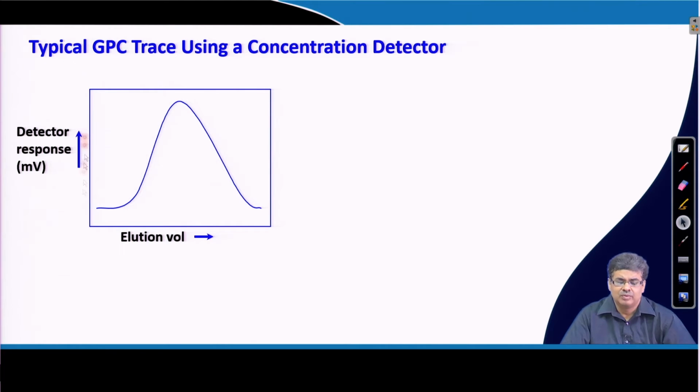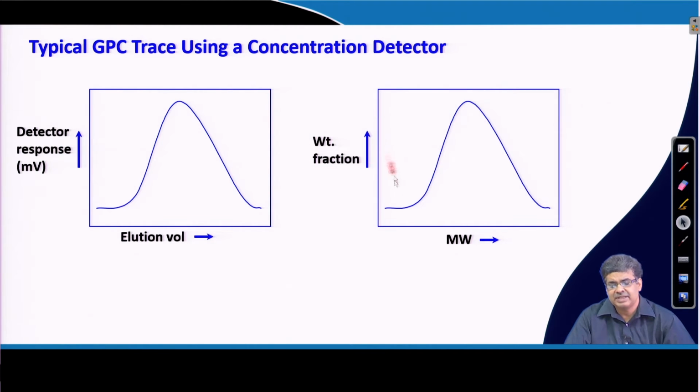Now, we have this typical GPC trace. If you remember, to find out the molecular weight of any sample, we must express this distribution in terms of a weight fraction or number fraction and with molecular weight.